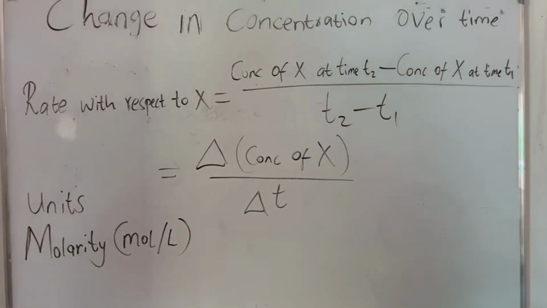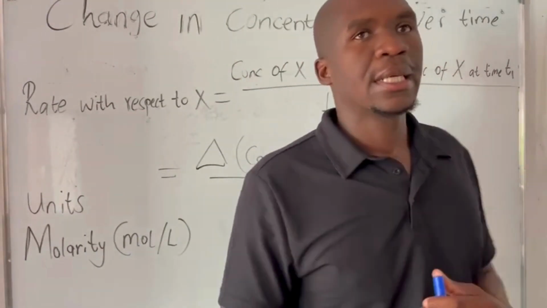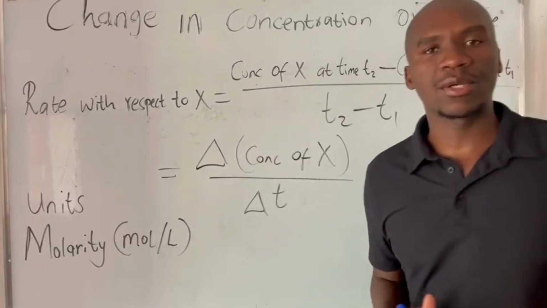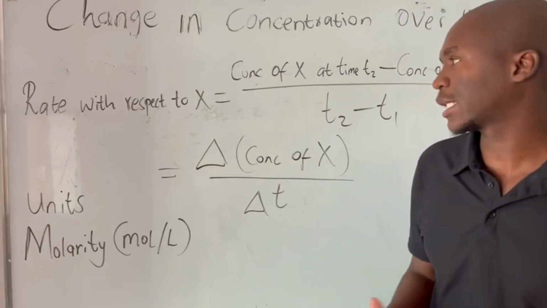Today we are going to talk about the change in concentration over time. And we are going to link that change in concentration over time with the rate of a reaction.